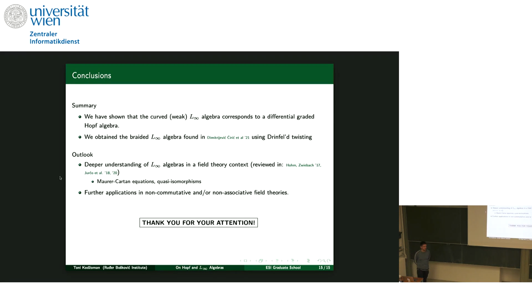So maybe more a comment rather than a question. L-infinity algebras occur in the Kontsevich deformation quantization. Roughly, the principle is to find two canonical differential graded algebras, and you look for a morphism between these two structures. You don't find it, it's not possible, but you weaken the structures. At the level of L-infinity algebras, it works.